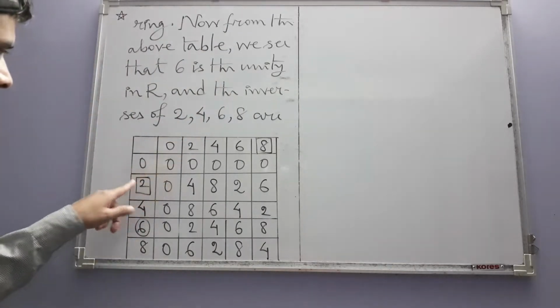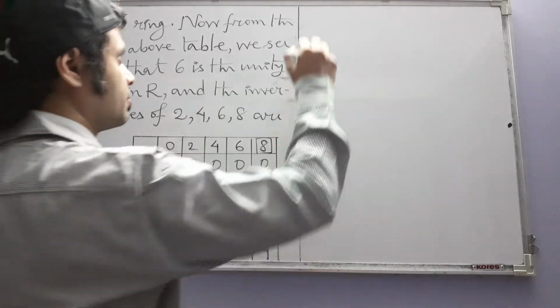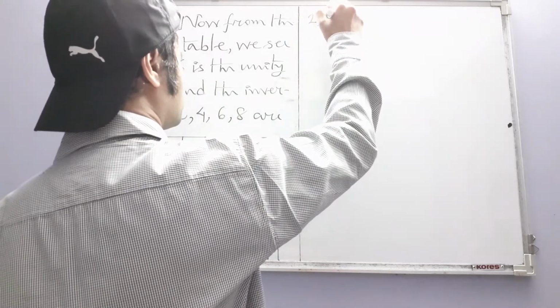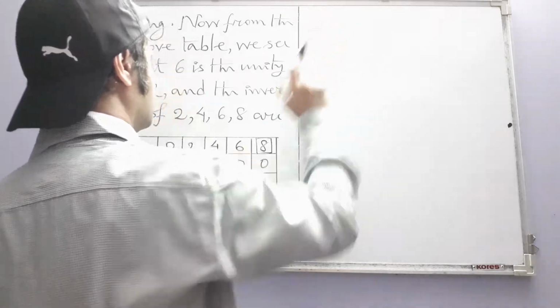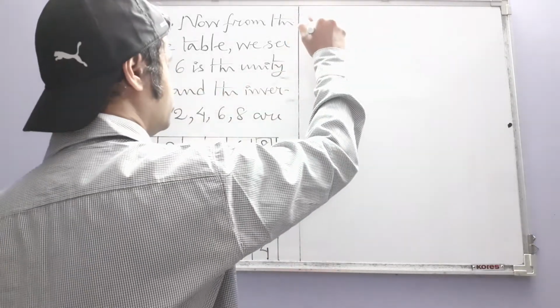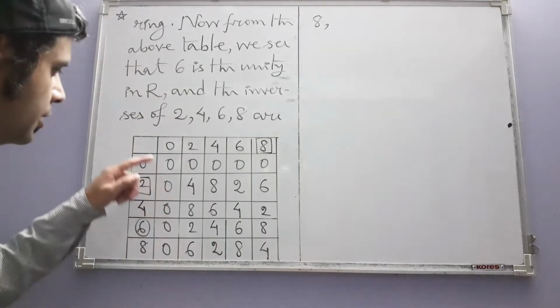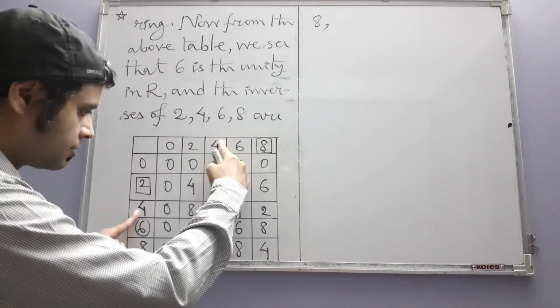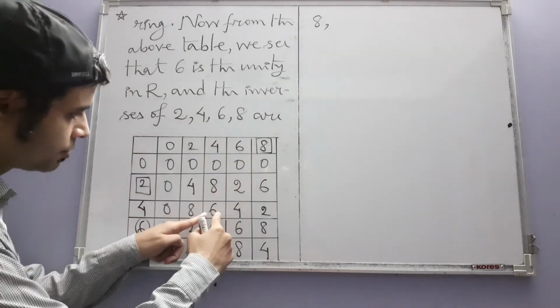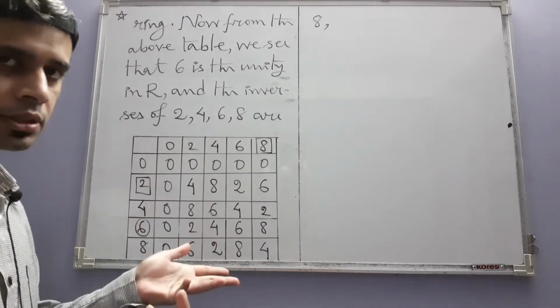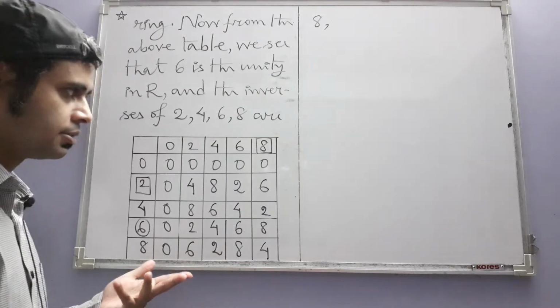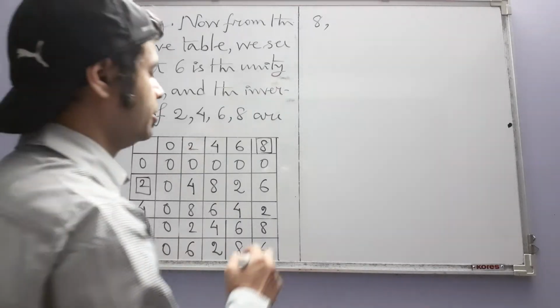R. So 2 and 8. Oh, sorry. What am I writing? The inverse of 2 is 8. The inverse of 4 you can see is 4 itself because 4 times 4 is 6. And the inverse of 6 of course is just 6 because 6 is anyway the unit element, unity.